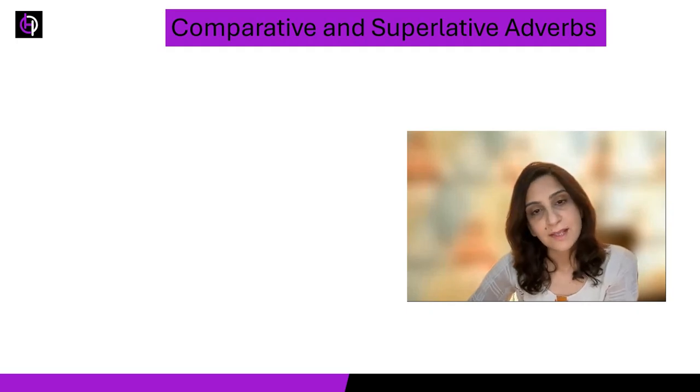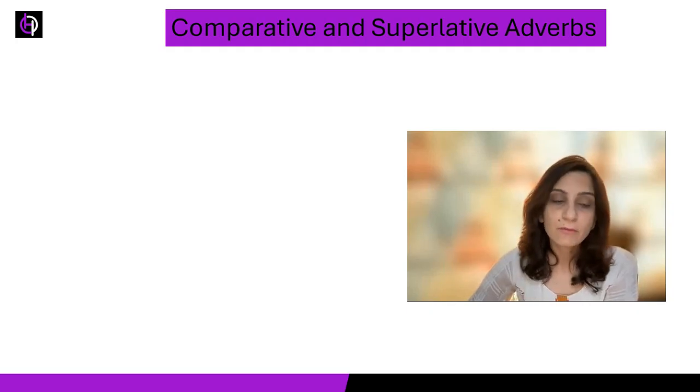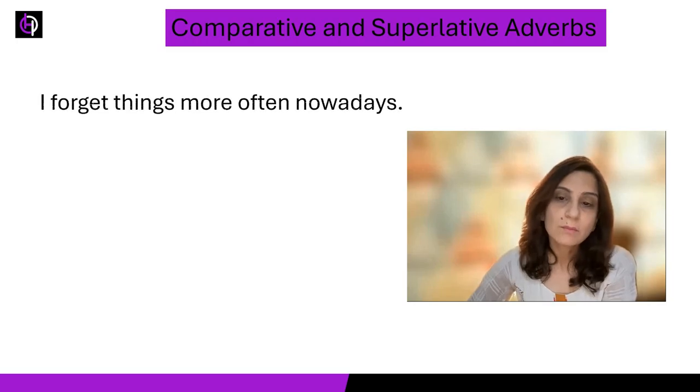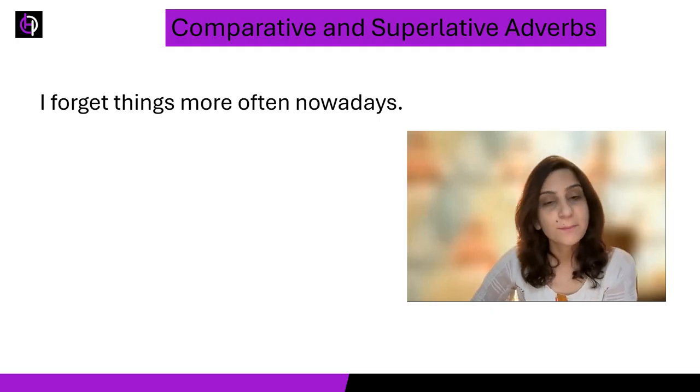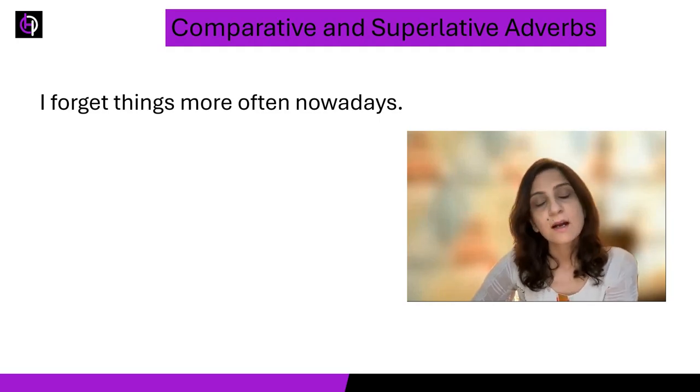So, if I take an example, I forget things more often nowadays, which means than earlier days. So I'm comparing today or nowadays with the earlier days. I forget things more often nowadays.